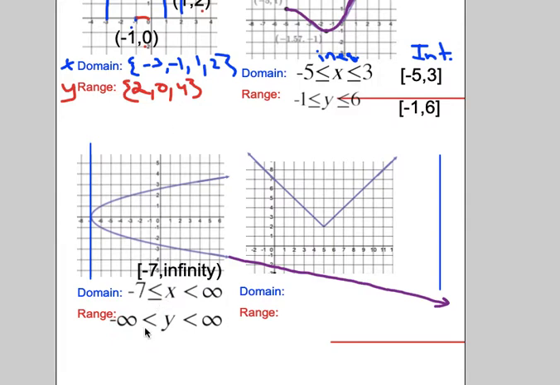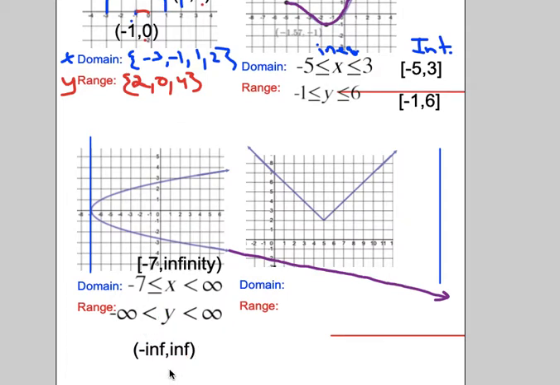If you want to use interval notation, it's parentheses, negative infinity, comma, positive infinity. Another way that you could even write this is if you're covering all the way from negative infinity to positive infinity, you're covering all real numbers. So you actually got 3 different ways that you could write that problem right there.